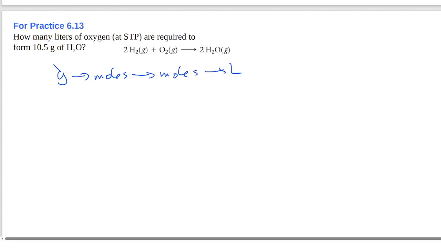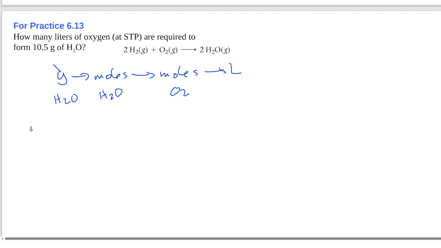Okay, so we're starting with grams of water, and we can convert to moles of water from the molecular weight. And then we'll convert to moles of O2 through the balanced equation. And then we'll convert to liters of O2 by the 22.4 liters per mole relationship.